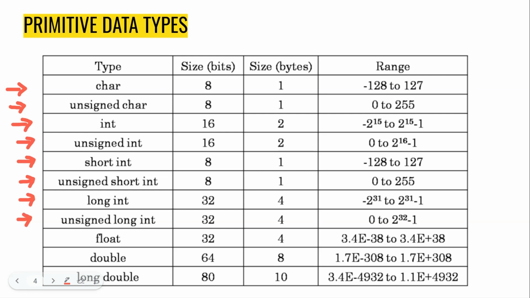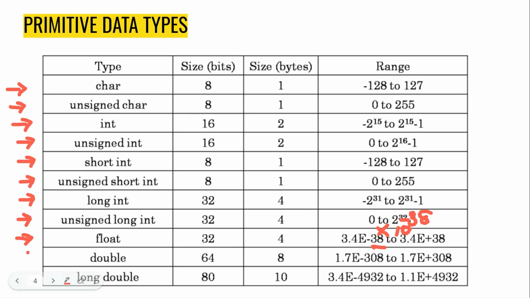Float, 4 bytes, 3.4 e minus 38 to 3.4 e plus 38, which means 3.4 into 10 to the power minus 38 to 3.4 into 10 to the power plus 38. Double, so double the size, 8 bytes of memory space is required for holding the double value. The range of values is also more.